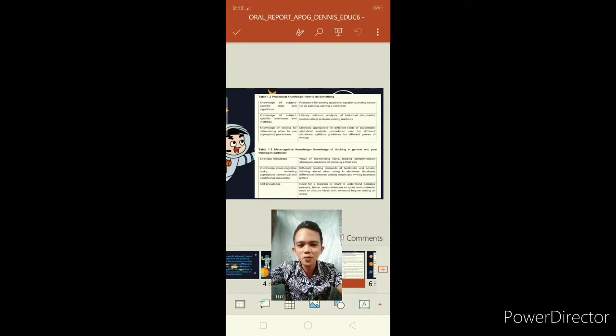The last one but not the least is self-knowledge. A student could need a diagram or chart to understand complex processes, better comprehension in quiet environments, or need to discuss ideas with someone before writing an essay.